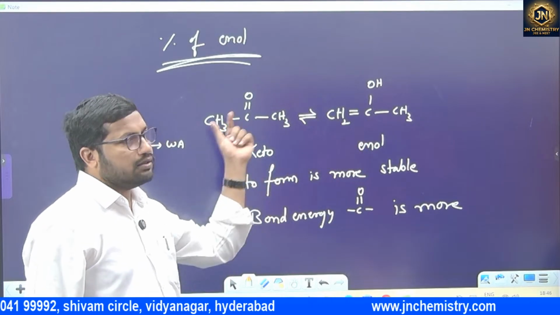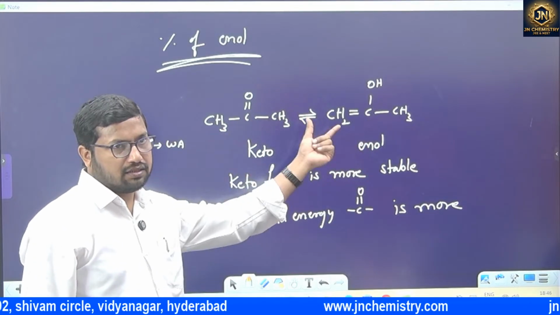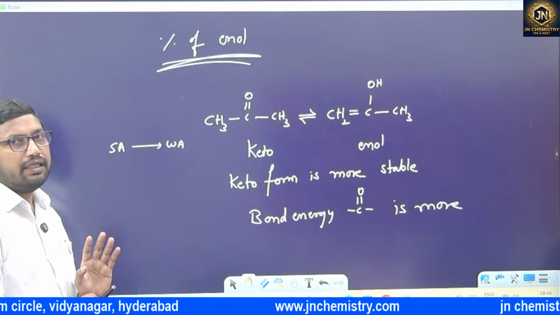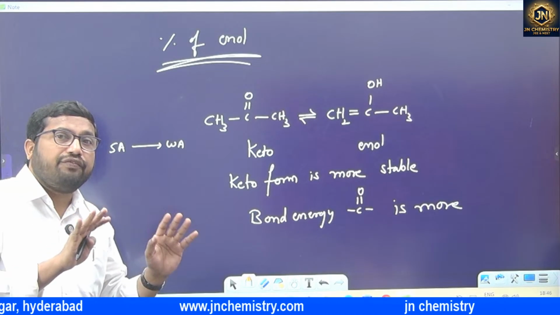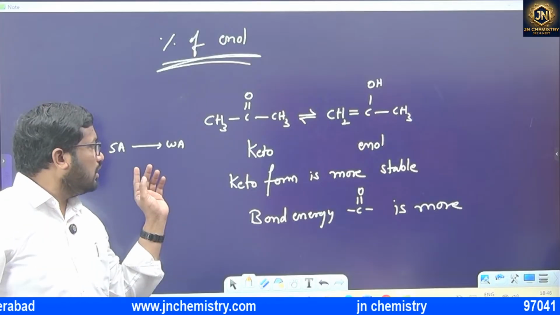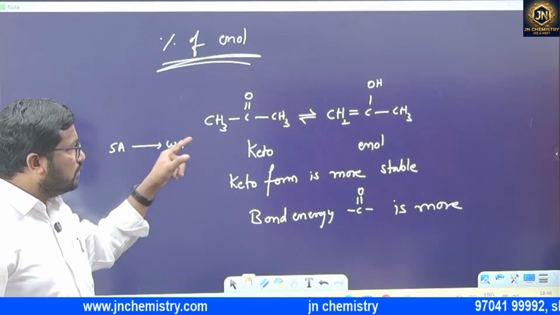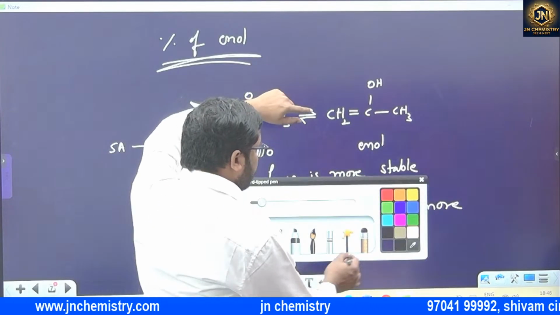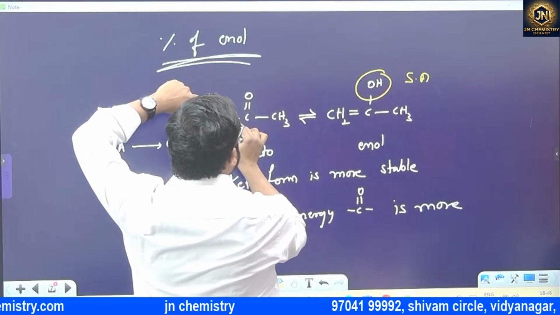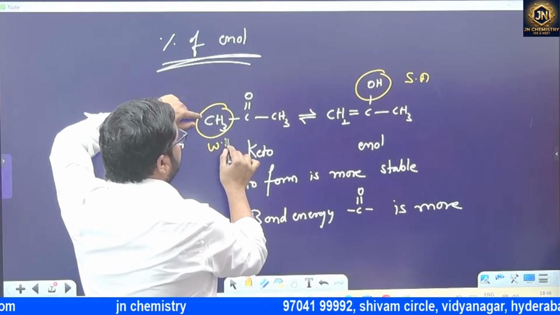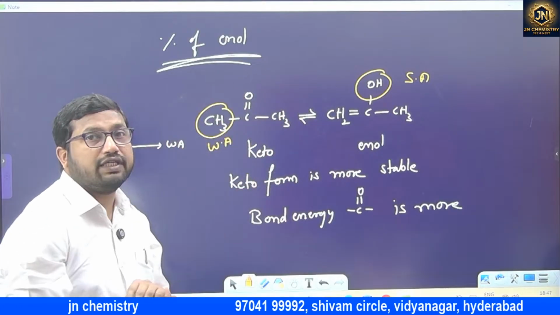The reaction rarely occurs. So generally reactions move from strong acids to weak acids. In this case, this OH group is somewhat strong acid, and this is somewhat weak acid. So this is also one of the reasons.